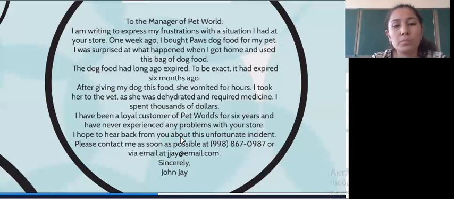In the first step, you should write to the manager of Pet World. So: I am writing to express. To express is the language we should use in writing a letter. Next, after giving my dog, that is what's happening, it's not a language. So language: I hope to hear back from you. It is telling the timeline. And next: please contact me.